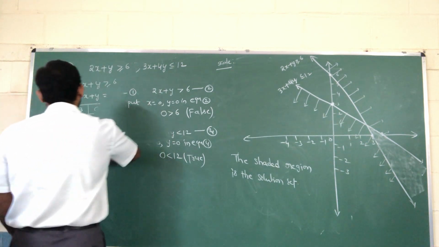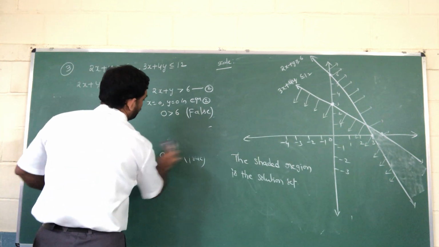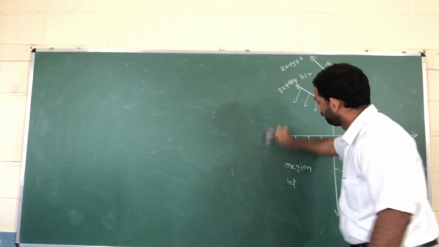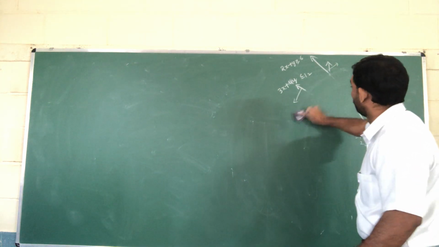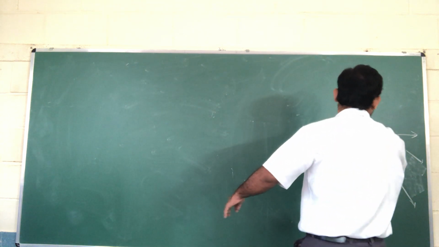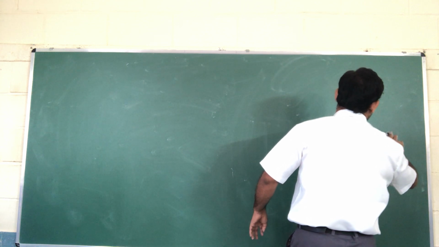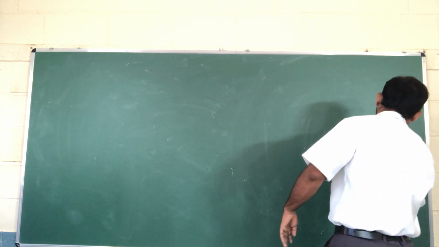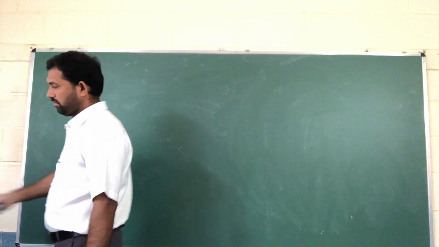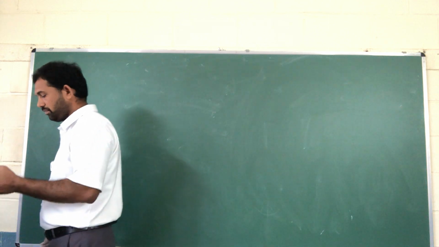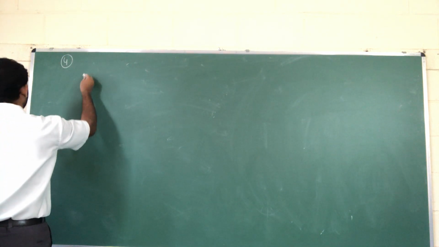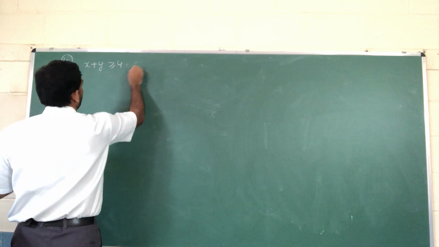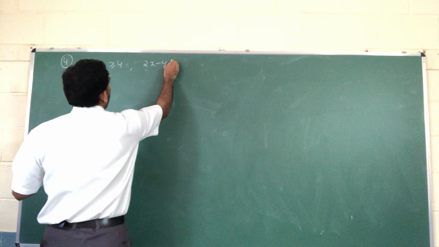Next. Fourth one: x plus y greater than or equal to 4, comma, 2x minus y greater than 0.